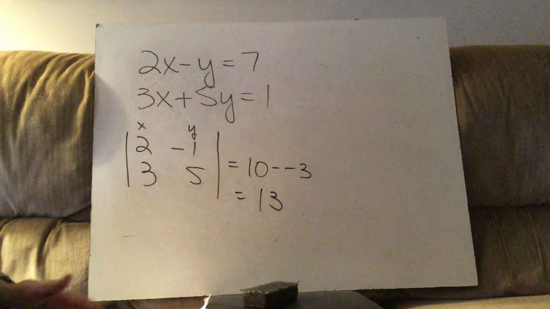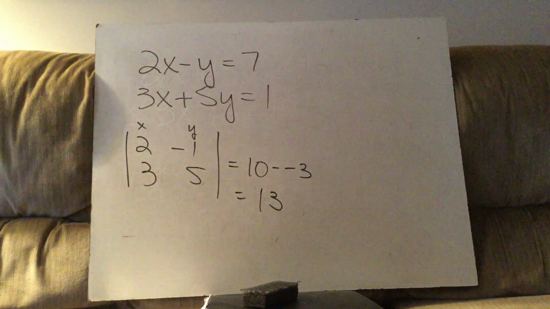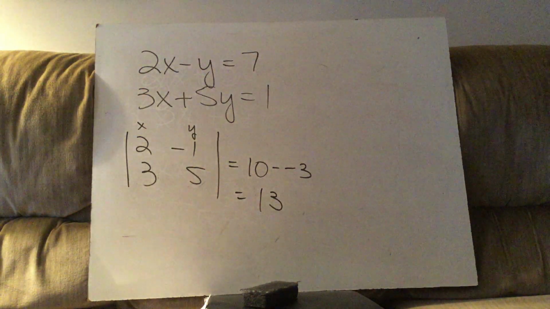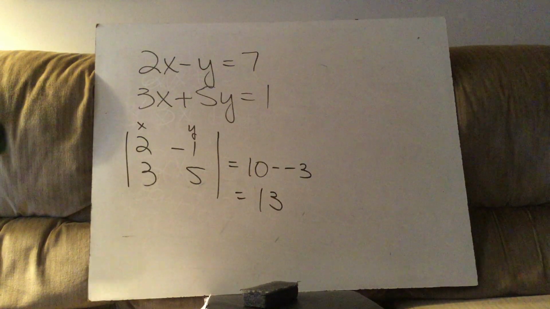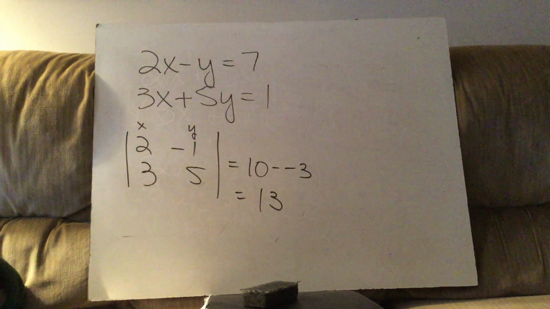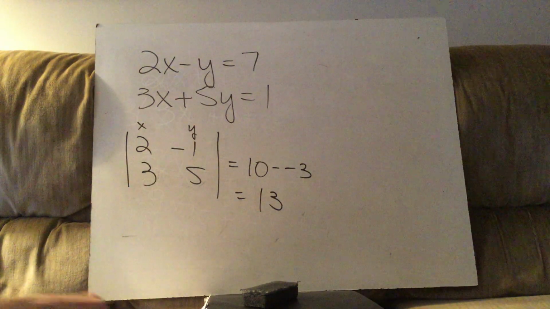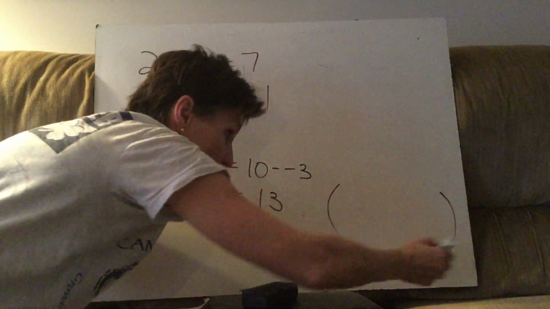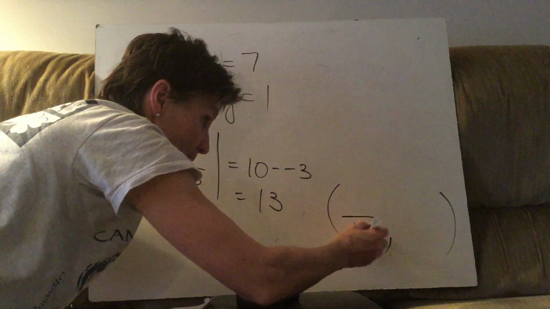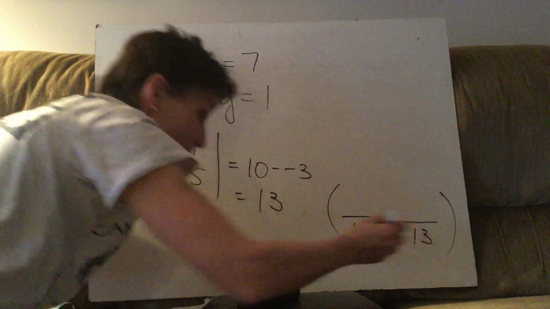And that 13 becomes the denominator of our x and our y. So whatever x and y turn out to be, the denominator is going to be 13. So here's my answer, and the denominator is 13.